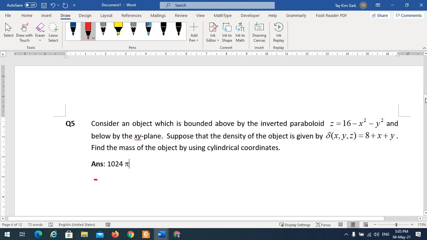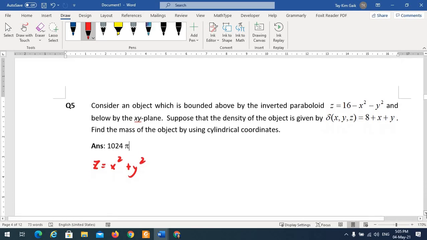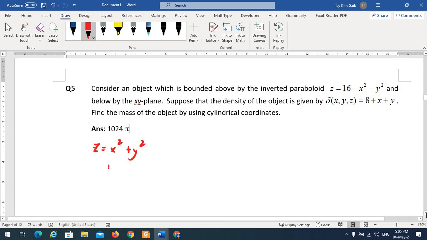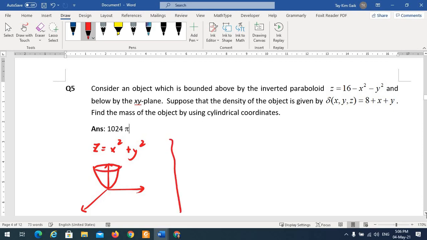Initially, if you have z equals x squared plus y squared, the paraboloid opens up.